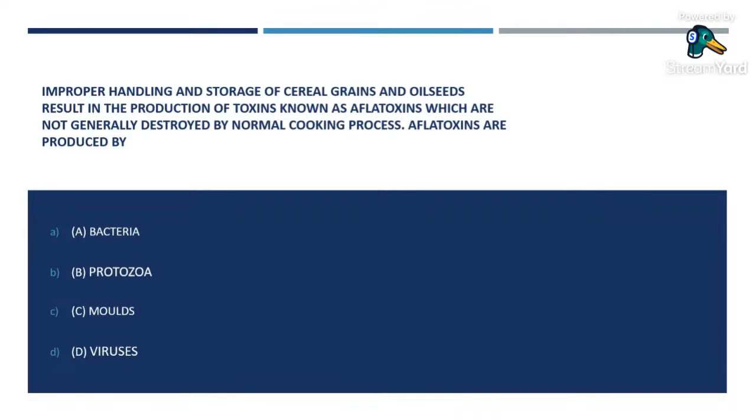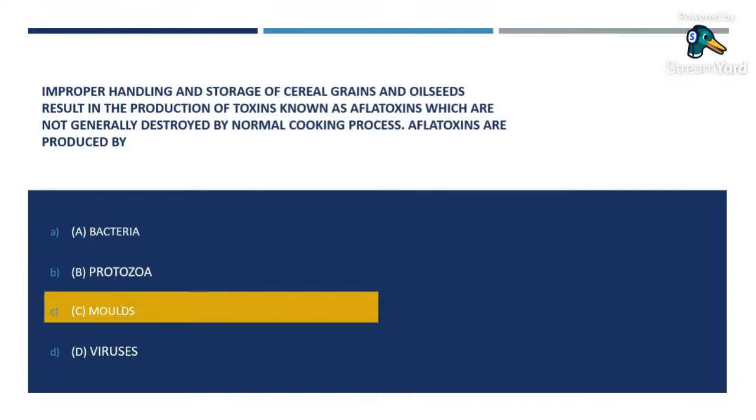What do you think is the correct answer here? The correct answer here is molds. This aflatoxin is produced by the molds. They are not affected by the normal cooking process.